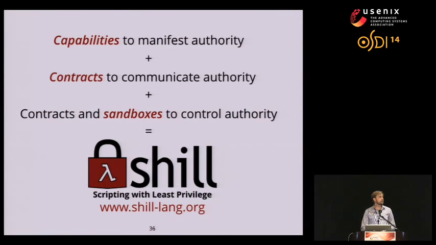One question: it seems like one downside of your capability wallets and sandboxing model is that you still risk confused deputy problems, which is one of the things the capability model was hoping to address.